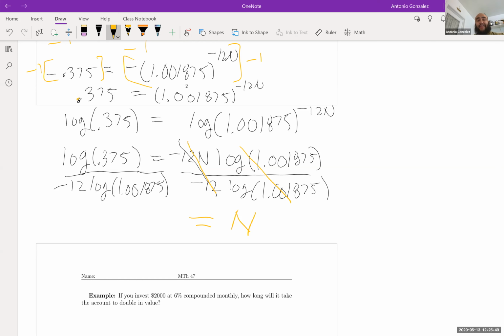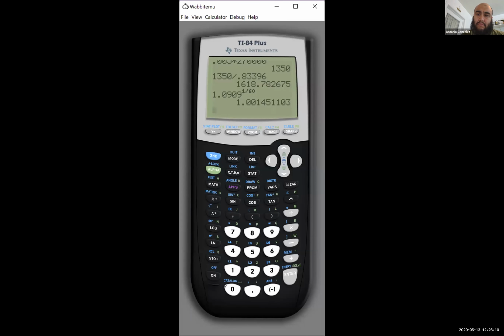Now, as far as the left side, let's bring up our calculator here. Okay, and then from here, clear this out, and let me plug in log of 0.375.